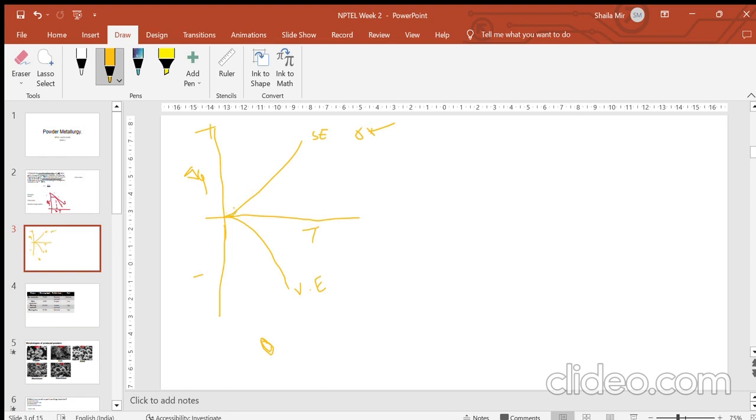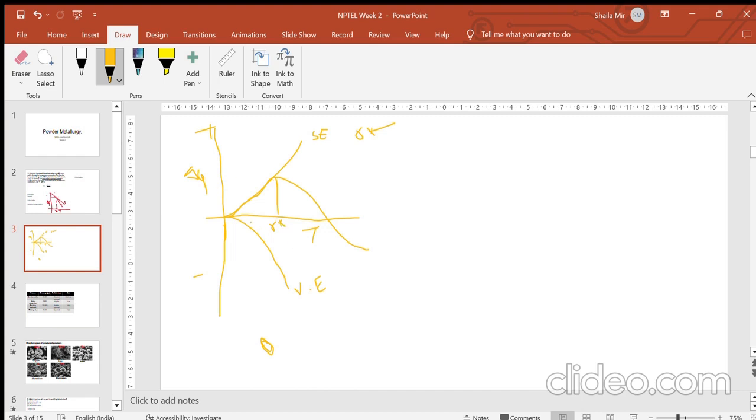Once you add up these two energies, you will have a curve like this, which tells us that at a certain radius, known as the critical radius, the formation of nuclei is feasible, and that nucleus will have a tendency to grow into bigger particles. This is the critical radius we are talking about.